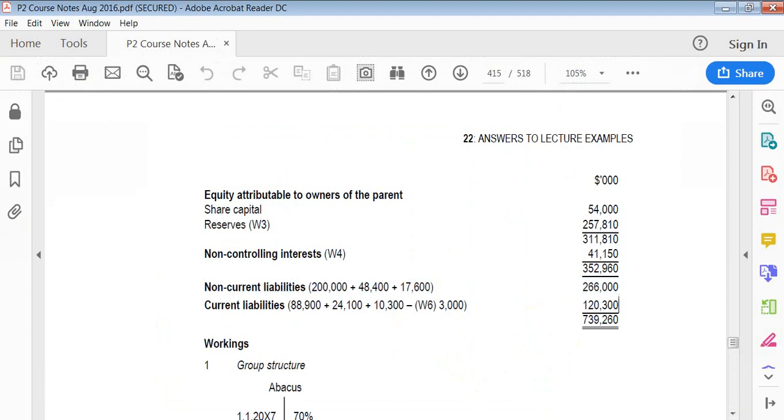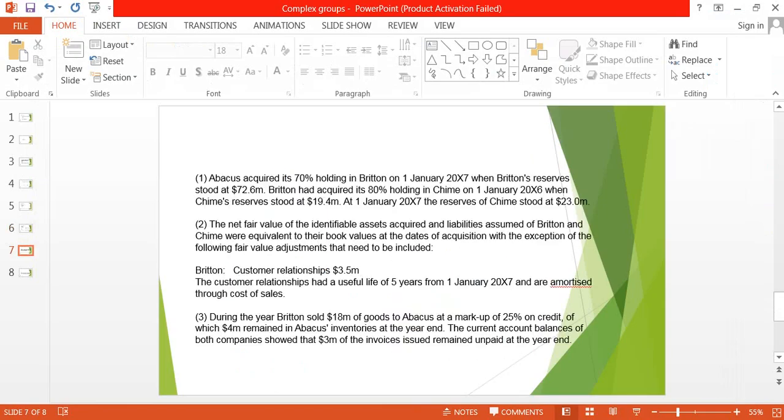Finally, we bring our current liabilities, 100% parent, 100% subsidiaries, in the 3,000 payable in Note 3, which we've already dealt with under the receivables.